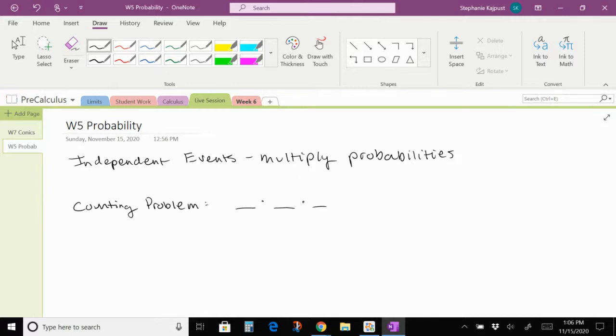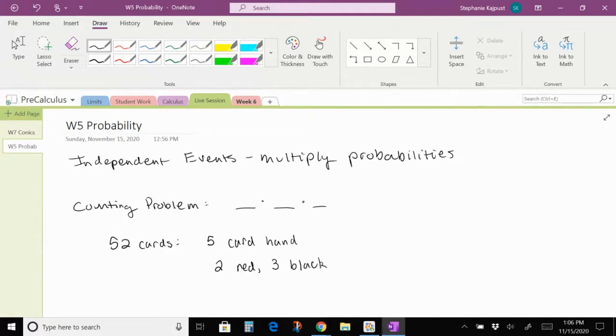So if I was looking at a regular deck of 52 cards, and I'm picking a hand of 5, a 5-card hand, and I want to find the probability of getting 2 red cards and the other 3 black.